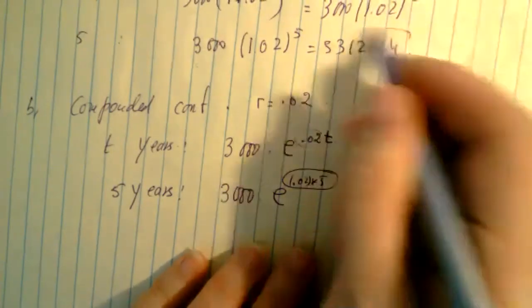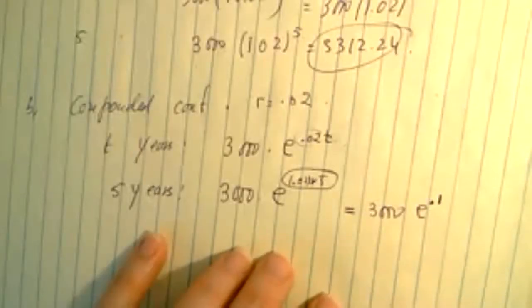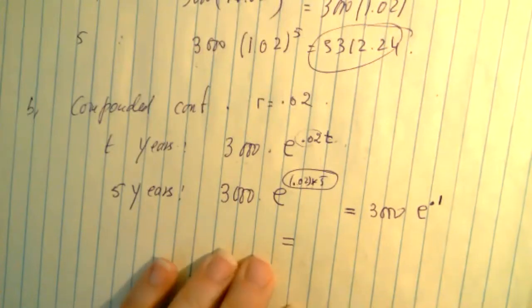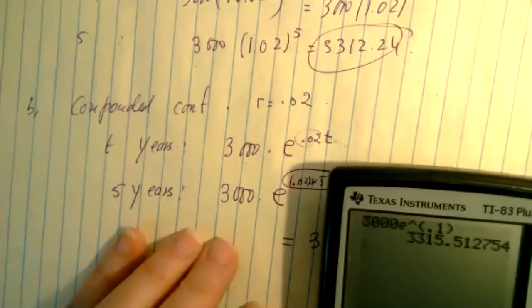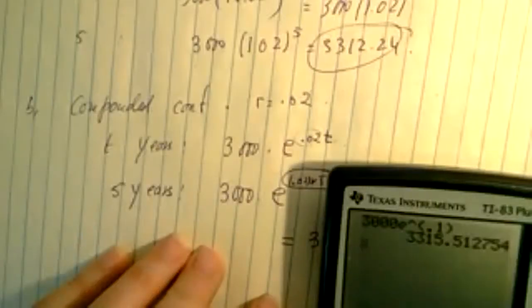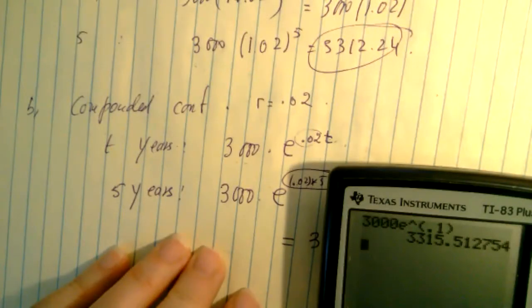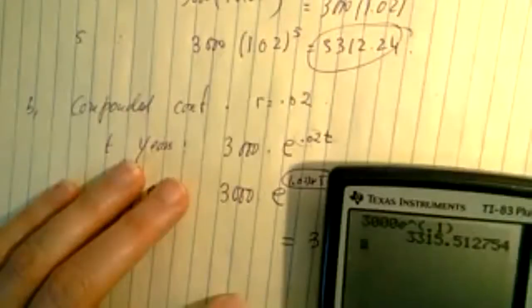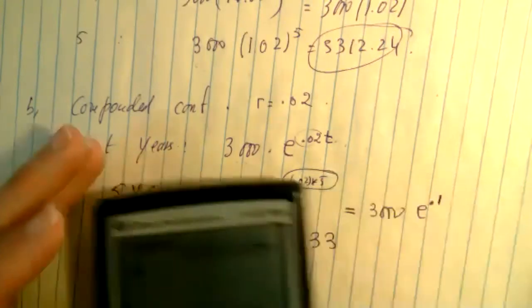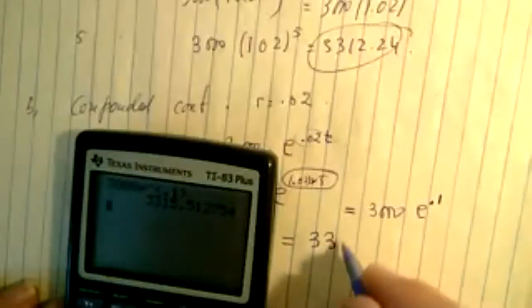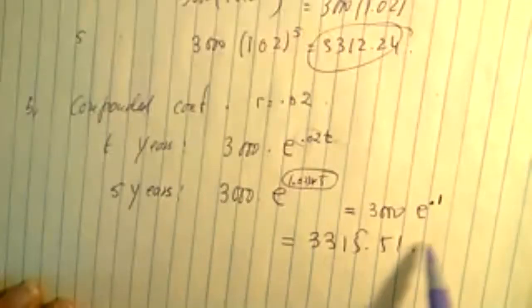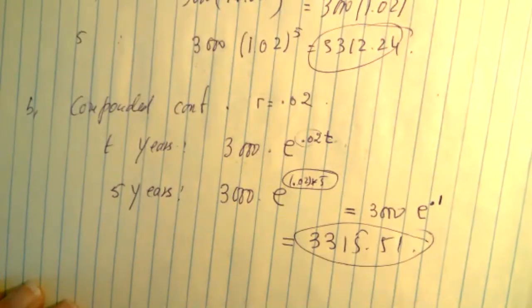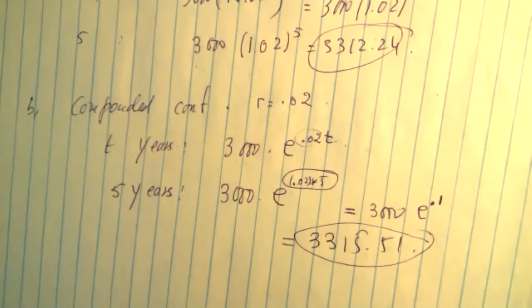I know I should get a little bit more than 3,000, and that gives me about 3,300. So I'm basically doing exactly what you guys are doing. With me? Yeah, so that's what I'm getting. 3,015.51. So that's really what I get in this scenario. A little bit more than that. Not much, but a little bit more.